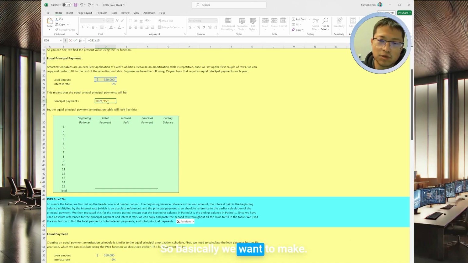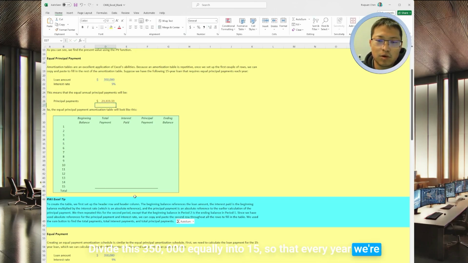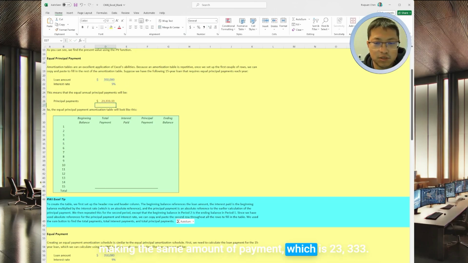So we want to divide this $350,000 equally into 15, so that every year we're making the same amount of payment, which is $23,333.33. Once we have this, we will construct this amortization table.